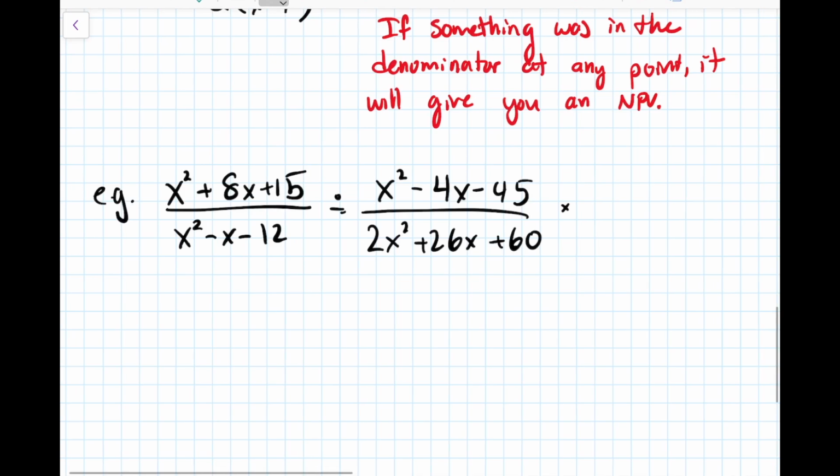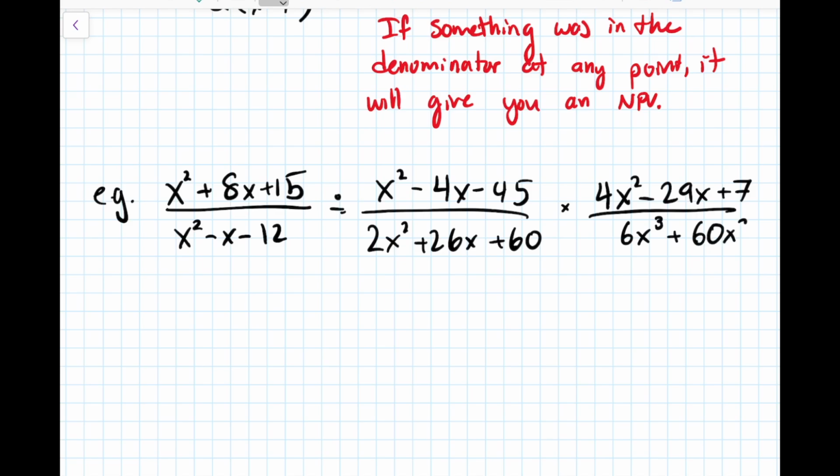And then we're going to actually have 3 fractions here, so 3 rational expressions. So times 4x squared minus 29x plus 7 over 6x cubed, right? We haven't seen a cube in a while, plus 60x squared.